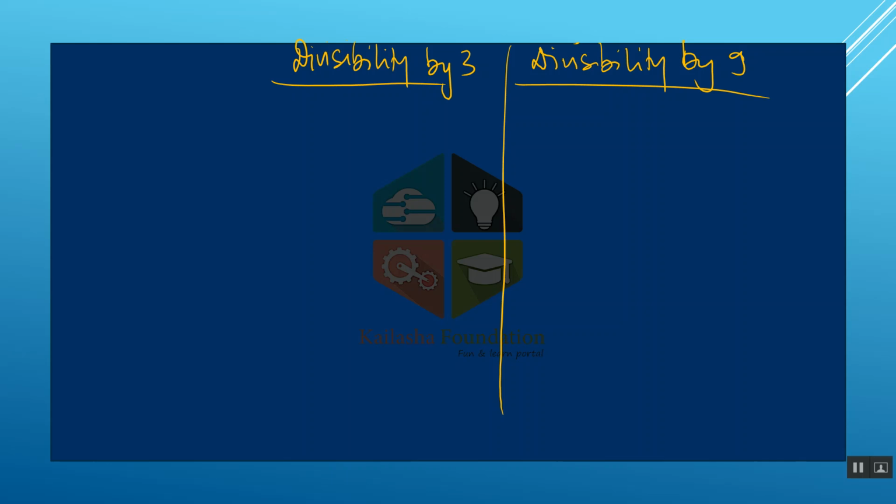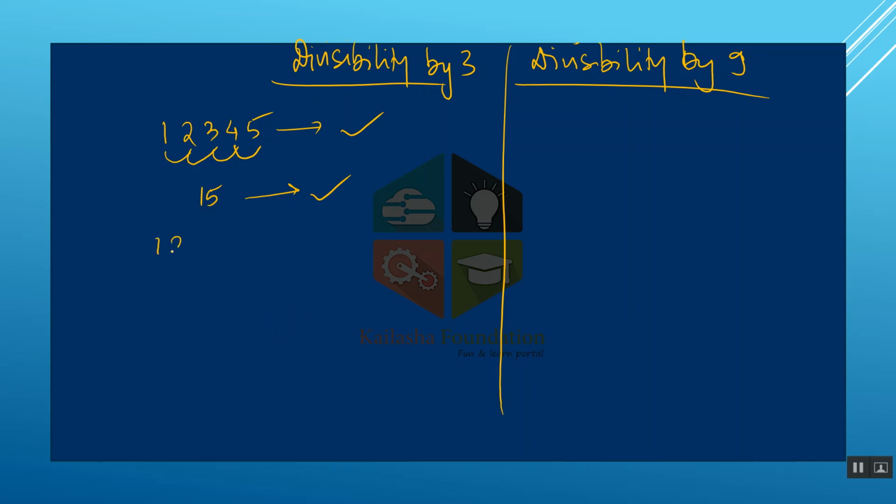Let us see a number 1, 2, 3, 4, 5. Without actually dividing the number, we simply add the digits: 1 and 2 is 3, and 3 is 6, and 4 is 10, and 5 is 15. 15 is divisible by 3. So this number is also divisible by 3.